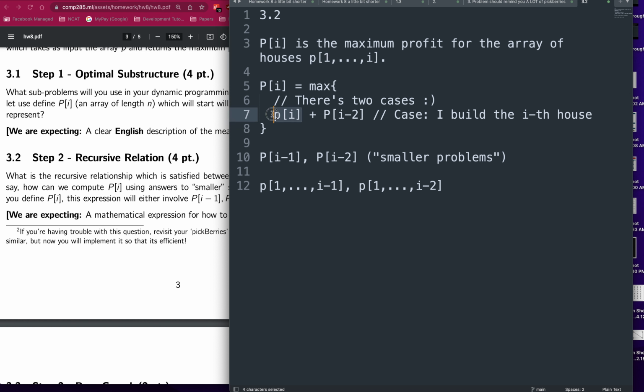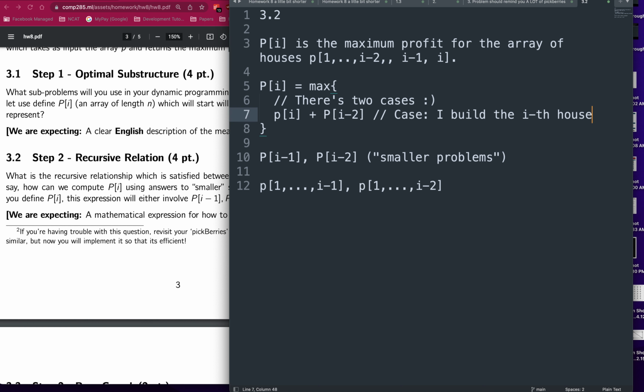Either I build the ith house, which gives me profit small p(i) plus capital P(i-2), because I know that I will not build the i-1 house since I already built the ith one. So I'm just asking, what's the maximum profit I can make from everything that comes before it? Because these I can still build. So just tell me the maximum I can build from these. Don't do i-1 and then do i.